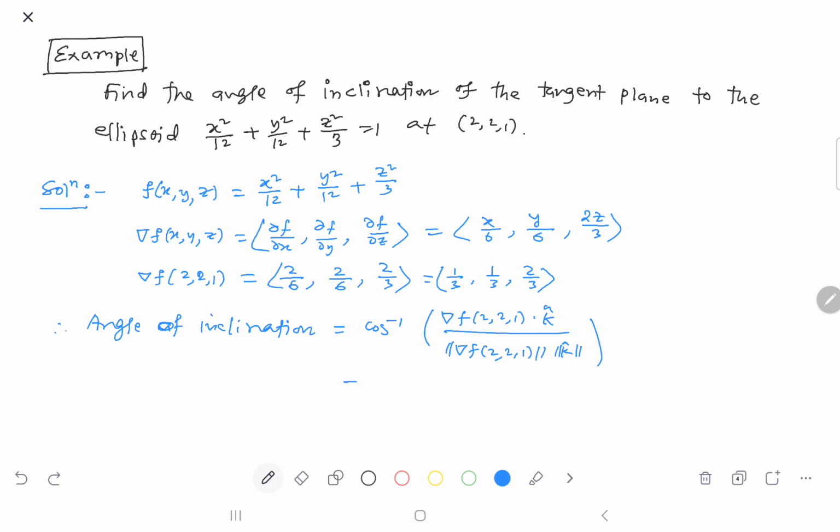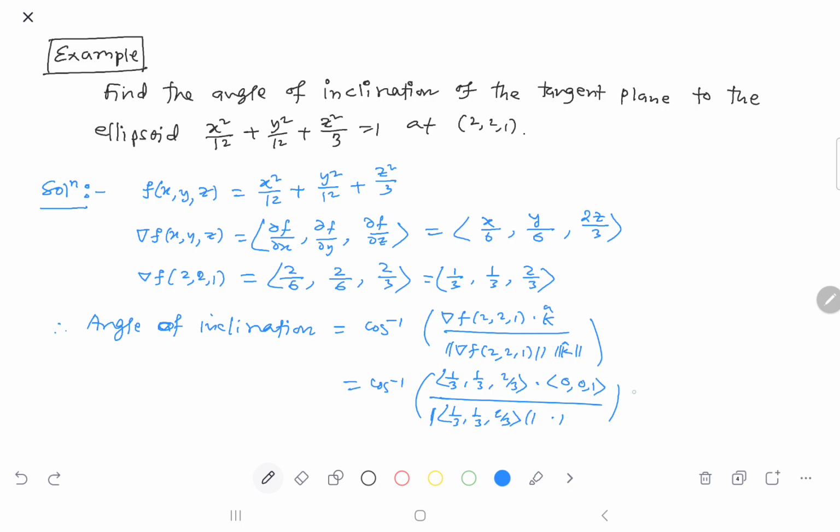So what should we get? We get cosine inverse of, this is basically (1/3, 1/3, 2/3) dot (0, 0, 1), right? And then the magnitude of (1/3, 1/3, 2/3), and the k cap magnitude is 1, right?